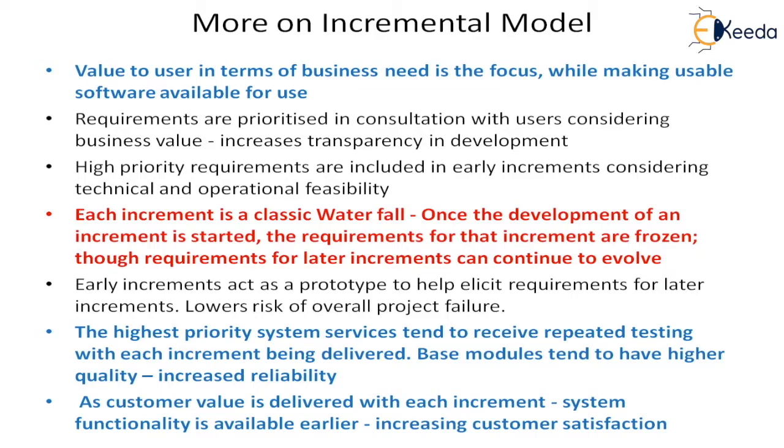So whenever we are testing the subsequent increments, the previous increment modules are also getting tested. As a result, the base modules, the earlier modules, will get tested multiple times, with different paths and different sets of data, so they will tend to be more reliable. They will have increased reliability, and their quality will be much higher.